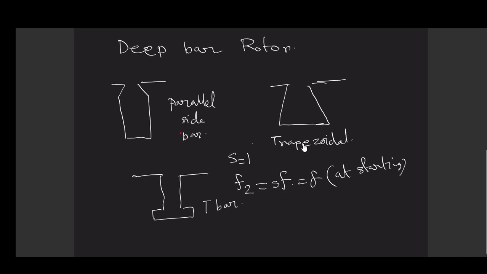Now in this deep bar rotor, the frequency is equal to the supply frequency, then the bottom part of the bar offers more impedance to the current than that of the top part.